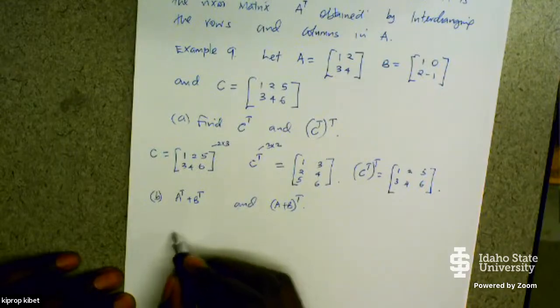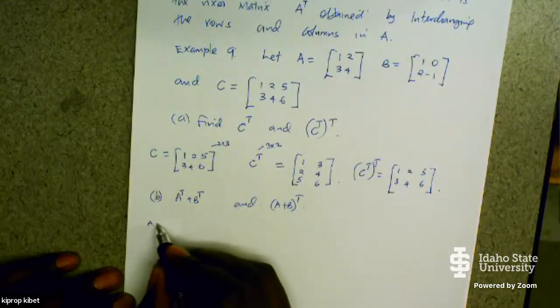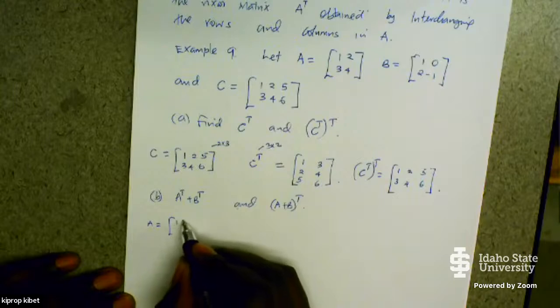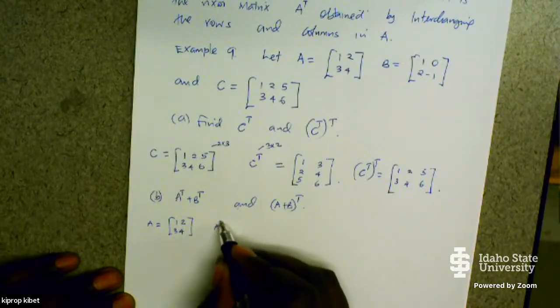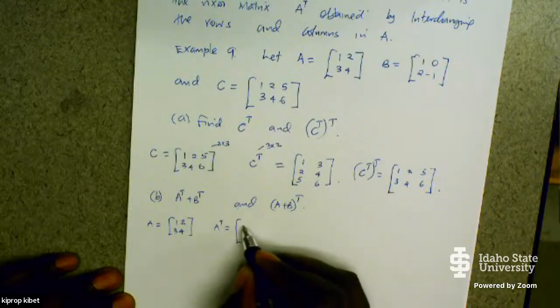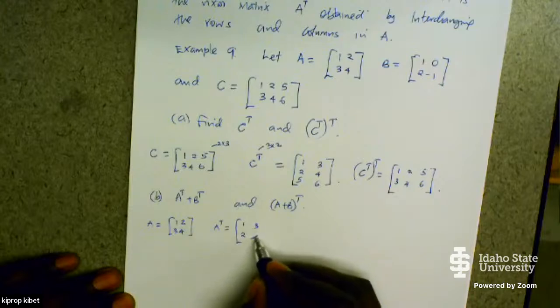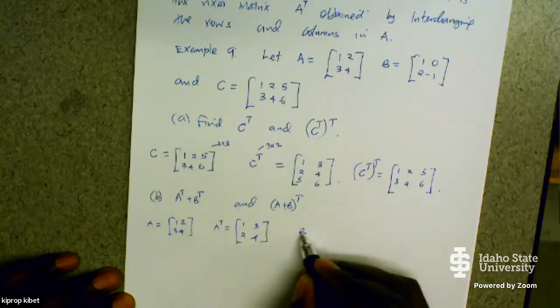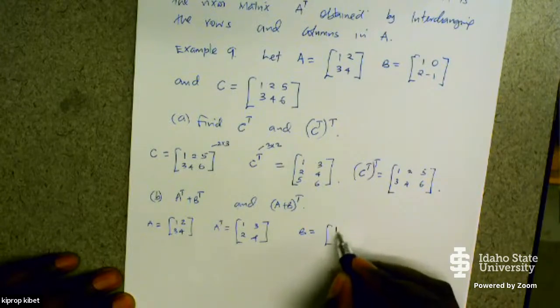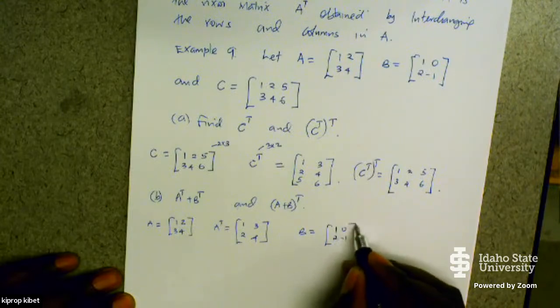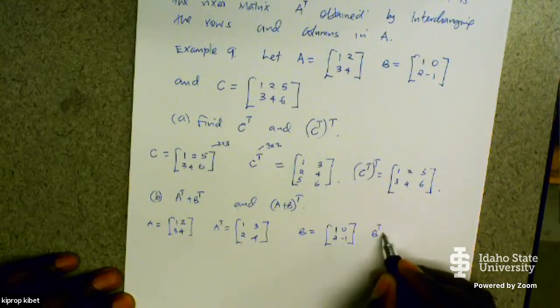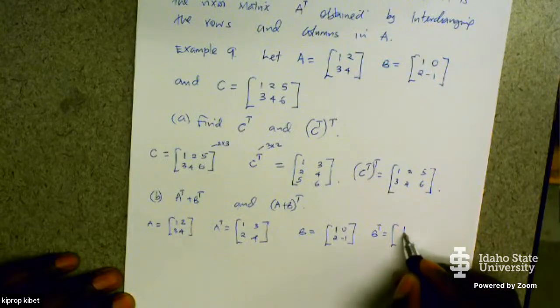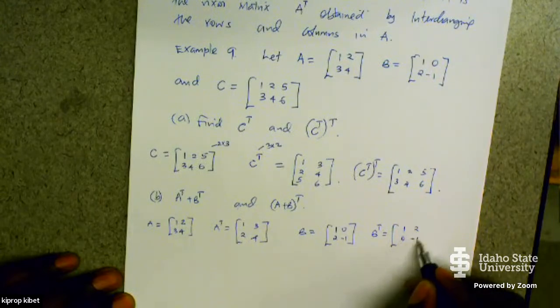Our A equals [[1, 2], [3, 4]], so our A transpose will be [[1, 3], [2, 4]]. Our B equals [[1, 0], [2, -1]], so our B transpose is [[1, 2], [0, -1]].